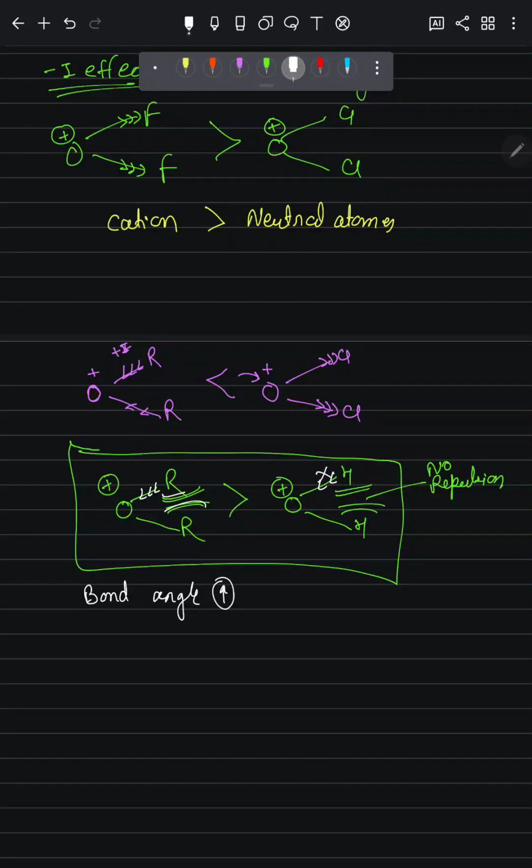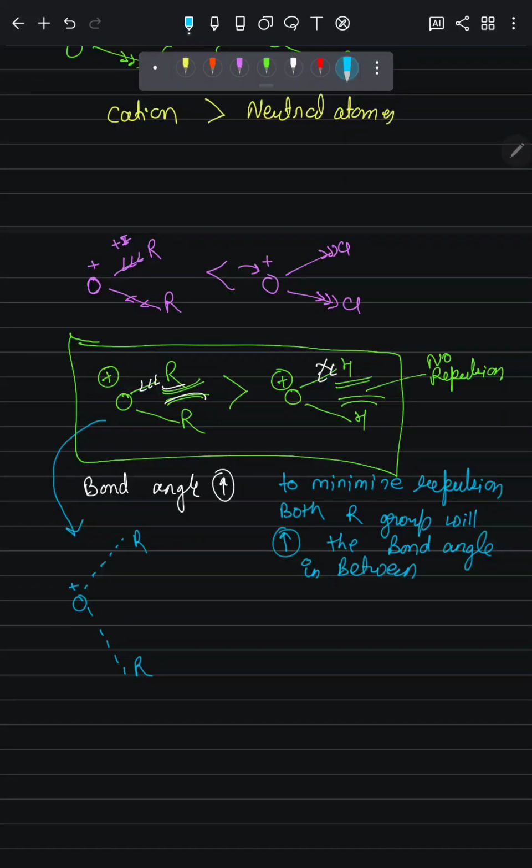But even though it's not, well, to minimize the repulsion, both R groups will increase the bond angle in between. So this structure will become like this in case of that. So as we know, the percentage s character increases, then bond angle increases, then electronegativity increases, then minus I increases. This is the order which is followed.